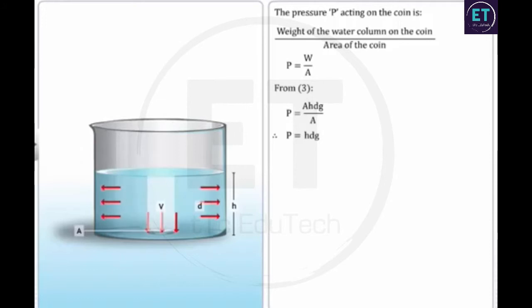Using this expression, you can calculate the pressure applied by a fluid on the walls as well as the base of a container. The pressure at a point in a fluid is equal in magnitude in all directions.